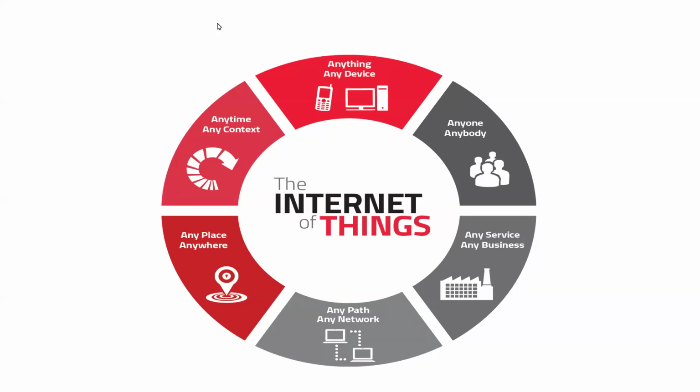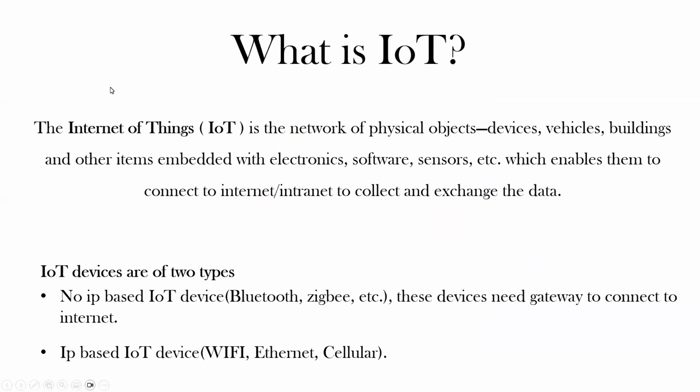So let's see the definition. Internet of Things is basically the network of physical objects, devices, vehicles, buildings and other embedded items, like embedded electronics, software, sensors, which enables them to connect to the internet or intranet.